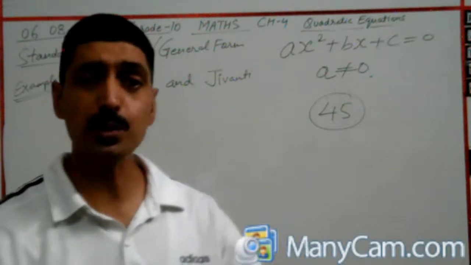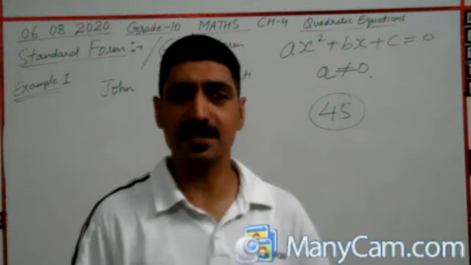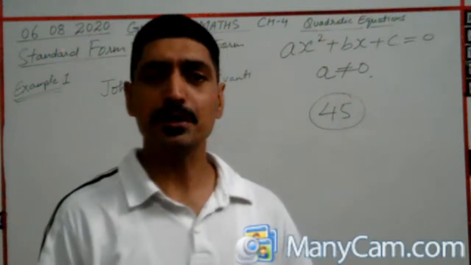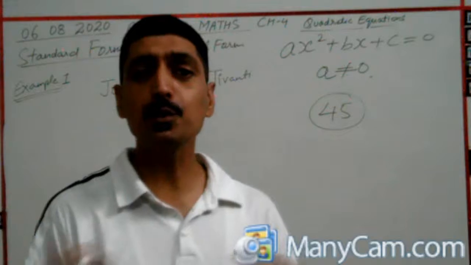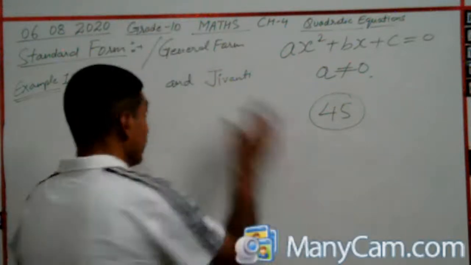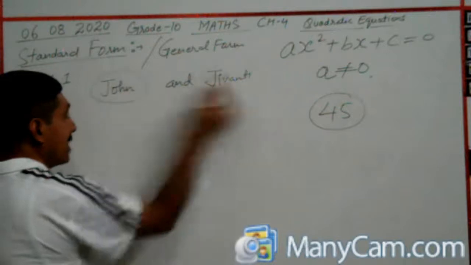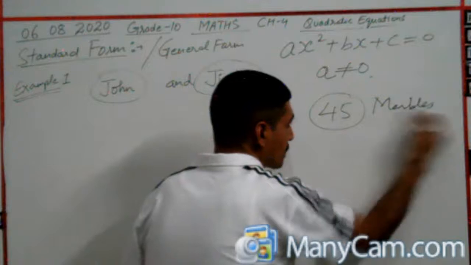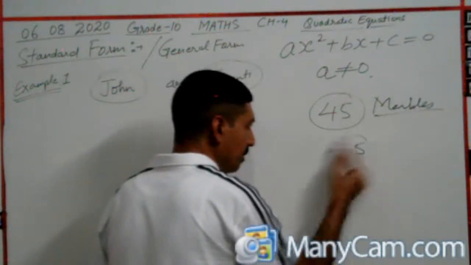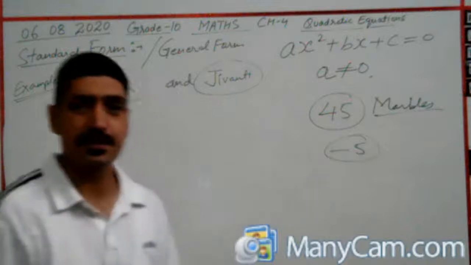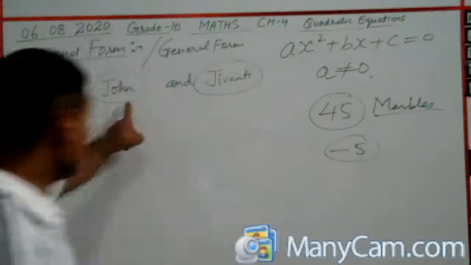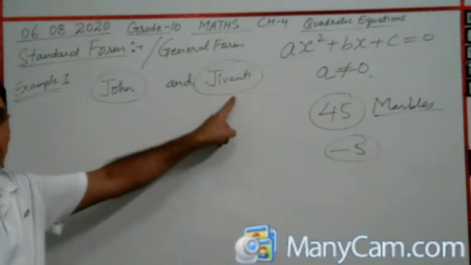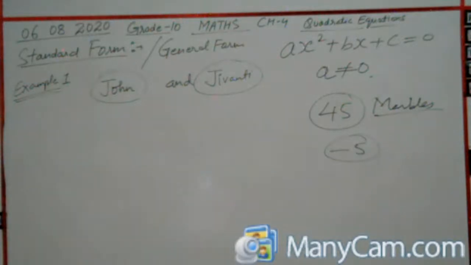So how to represent this situation mathematically, and how to solve it? John lost 5 marbles and Jivanti lost 5 marbles. We have to find that the product of the number of marbles they now have is 124.